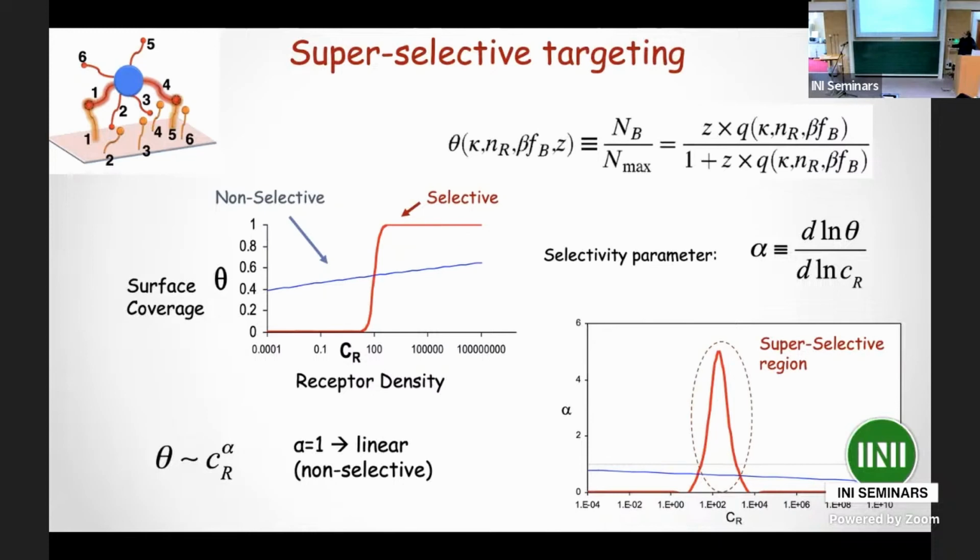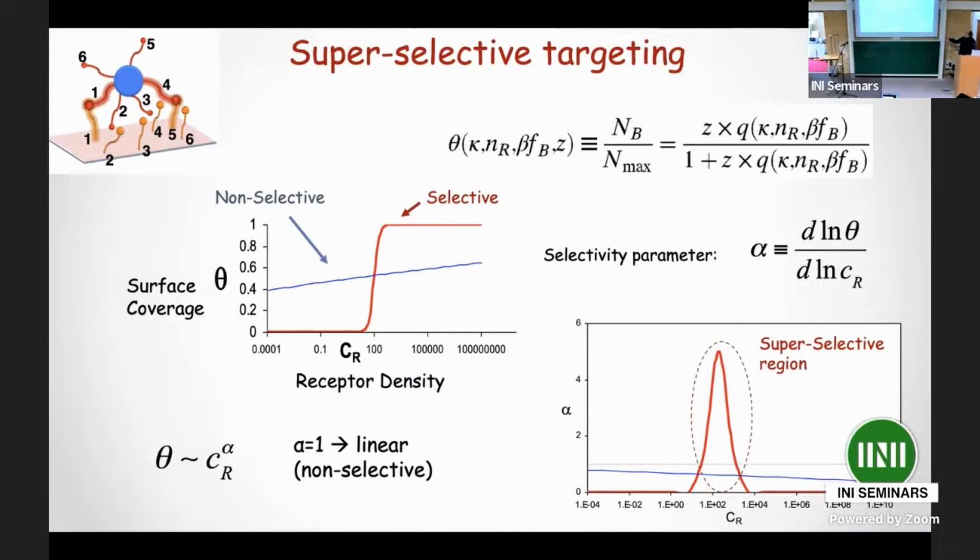If the coverage scales like a power law, then this selectivity parameter is 1 for linear dependence, and that's not selective, and it's much larger than 1 in the selective case. So a super selective case would be when the selectivity parameter suddenly becomes much larger than 1, and that's the system we want to design.